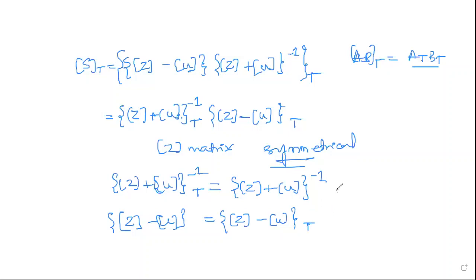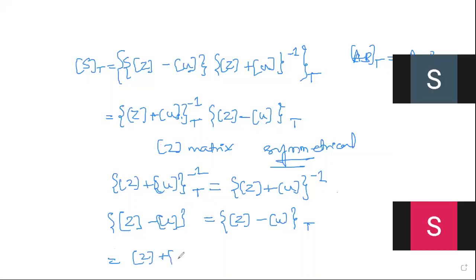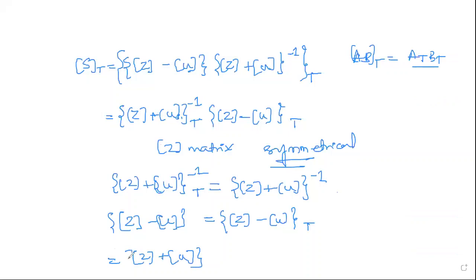So you can substitute these two terms into the above equation, where the first term, Z plus U inverse transpose, is also equal to matrix Z plus U inverse, into, instead of the transpose, you can write matrix Z minus matrix U. What is the Z plus U consideration we have made, R or Q?